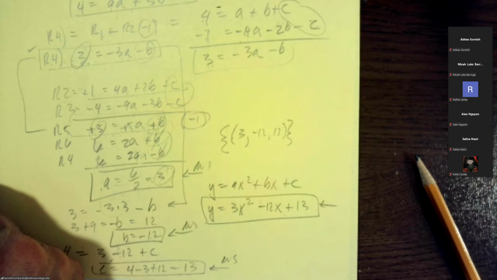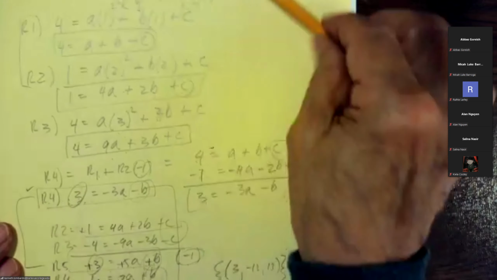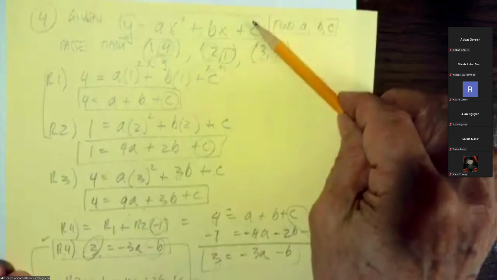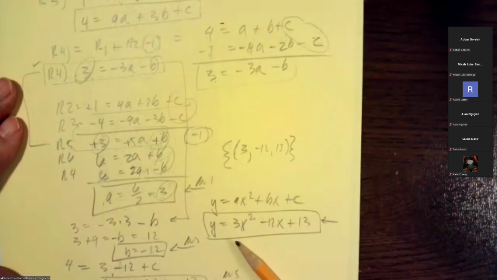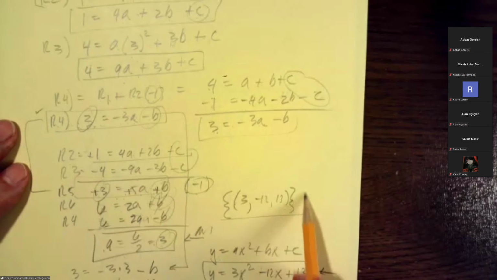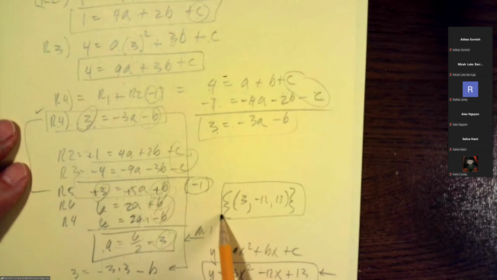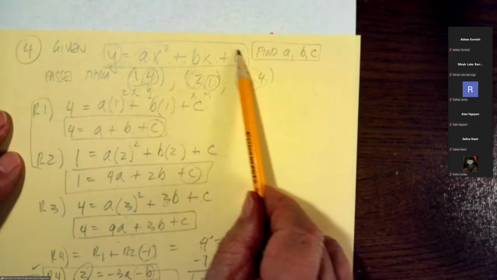Okay, I'm going to stop at that point and ask for questions. You must have some questions on what we did here. I'm guessing anyway. So would the answer be the solution set, or would it be the equation? Well, it would be the solution set if you were just saying what are the solutions that we solve for A, B, and C. So here's the solution set for A, B, and C. But the question said find this equation.